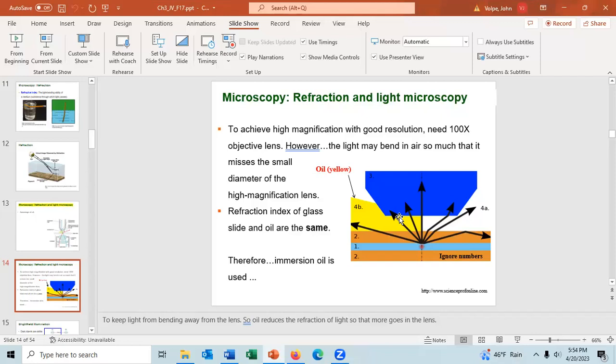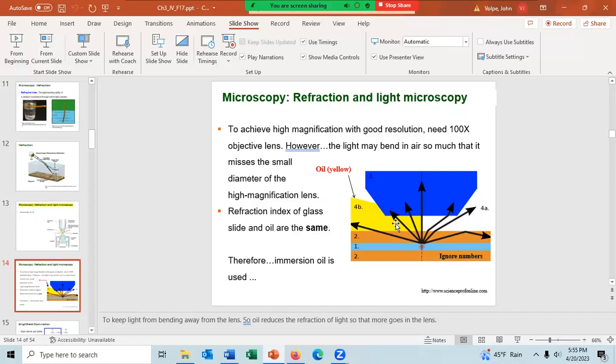When we use oil, less light, actually no light, is refracted. So the objective lens captures more light, and that improves the resolution. And that's why we use oil with the oil immersion lens, meaning the 100x lens.